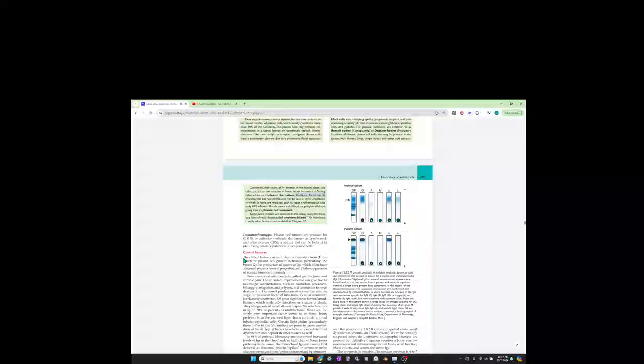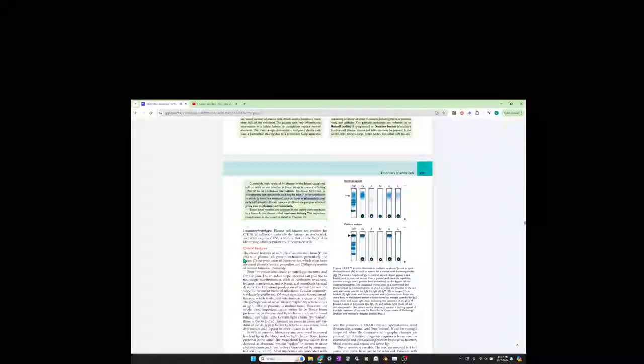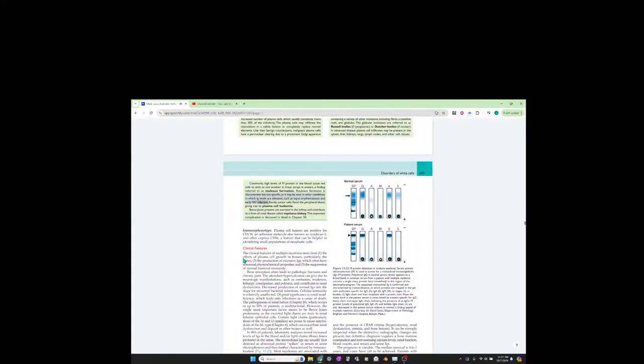Rouleau formation is characteristic but not specific, as it may be seen in other conditions in which Ig levels are elevated, such as lupus erythematosus and early HIV infection. Rarely, tumor cells flood the peripheral blood, giving rise to plasma cell leukemia.